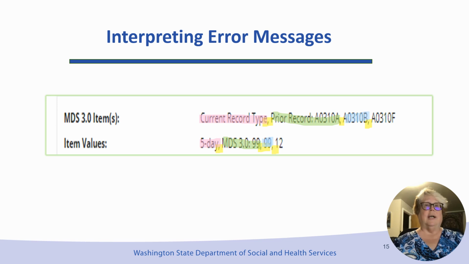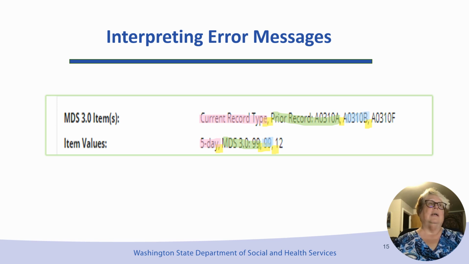So you are now filing a 5-day PPS on something where you already told CMS that there was a death in facility for this same resident. So CMS is surprised. They didn't know that you were going to file the 5-day because they thought the resident had already passed. They're going to go ahead and keep it. It was accepted, but it's a surprise to them, and it's in what they think of as an incorrect order.